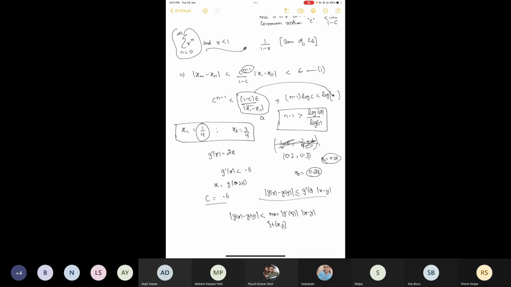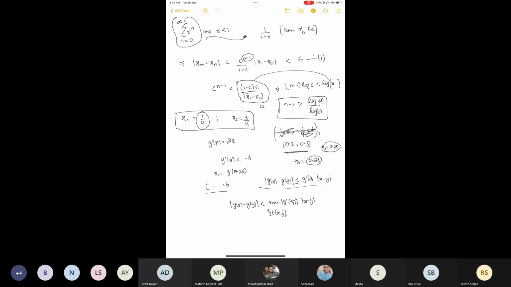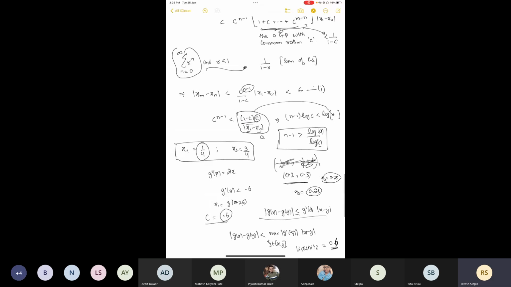Does this make sense now? Yes, sir. So now you know that in your given interval 0.2 to 0.3, g prime of xi will be at max 0.6. Your Lipschitz constant will be 0.7, say, right? So you have your c in this interval. You have c, epsilon, x1 and x naught. It can be done now.